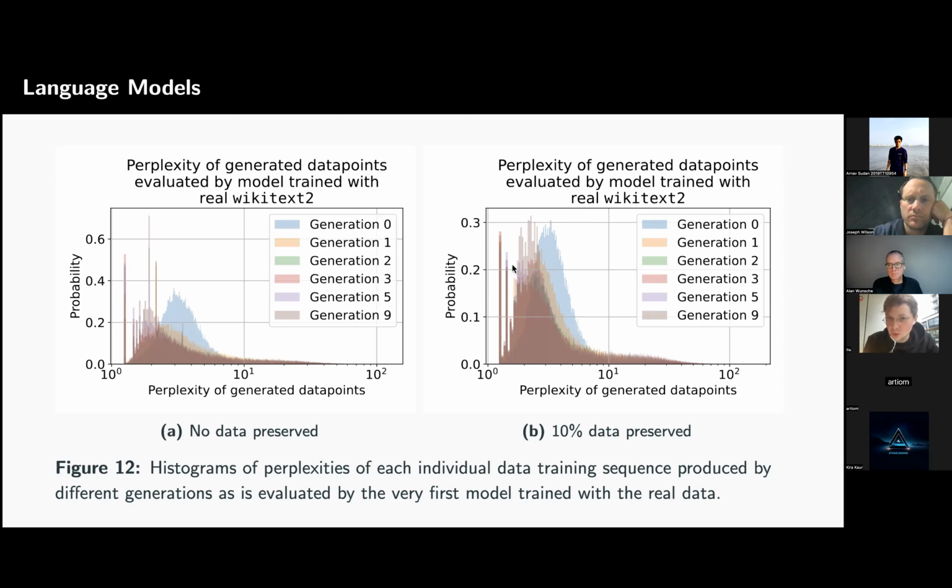It's also shifting to the left, but not as much. So clearly, using some part of real data alongside synthetic data helps contain some of the effects of model collapse, but model collapse happens nevertheless. Your models start producing things which the original model was quite likely to produce, and they also introduce their own original error, but the effect is not as pronounced.